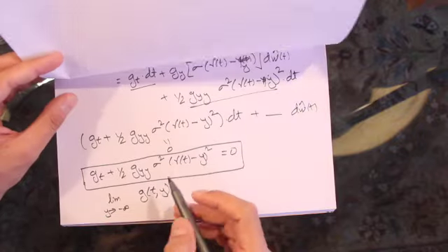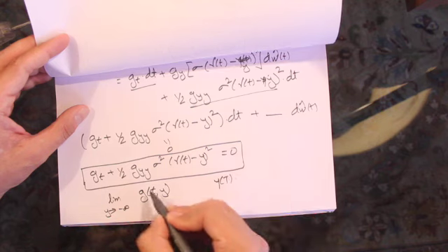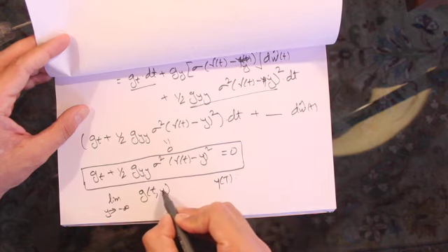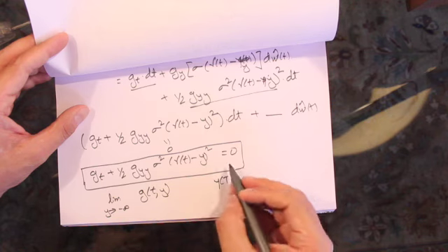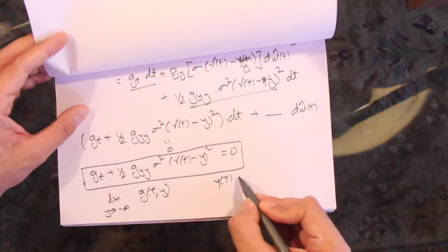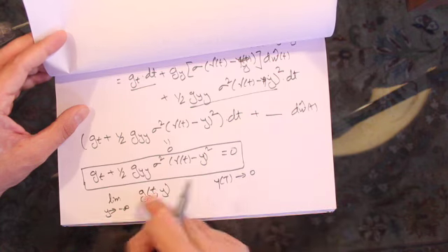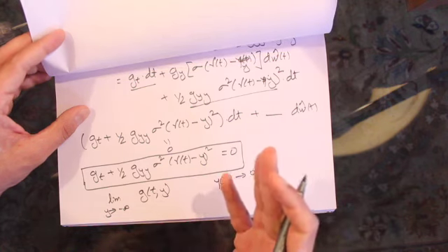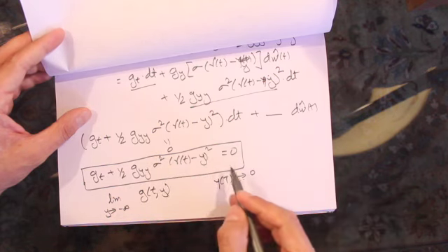Then with almost probability 1, even y of capital T would go to minus infinity, because if it's going to minus infinity, what are the chances that it's going to be able to get back into positive territory? It's almost 0.